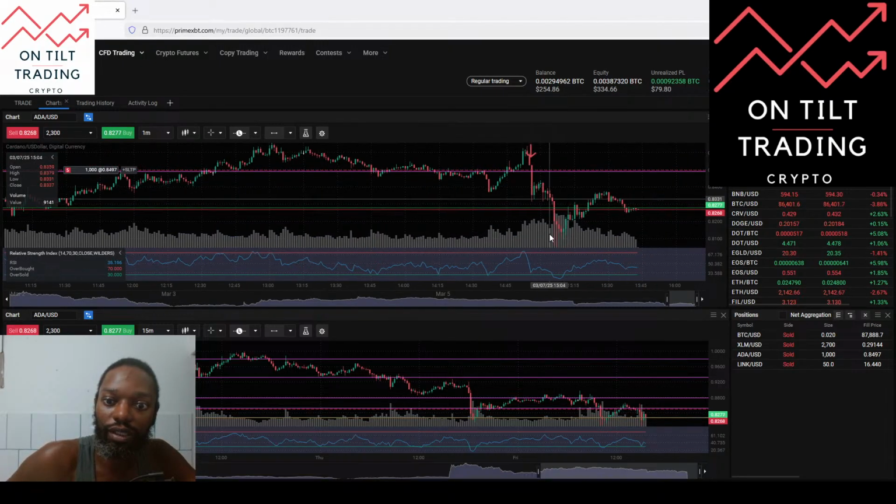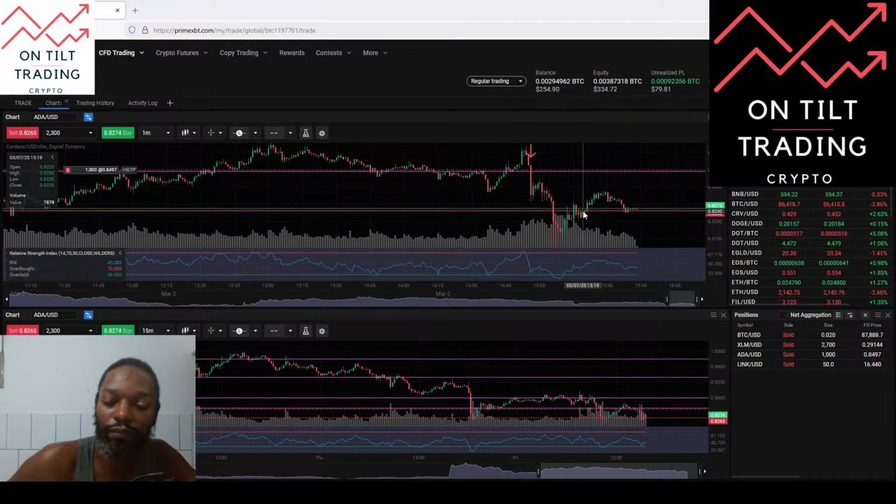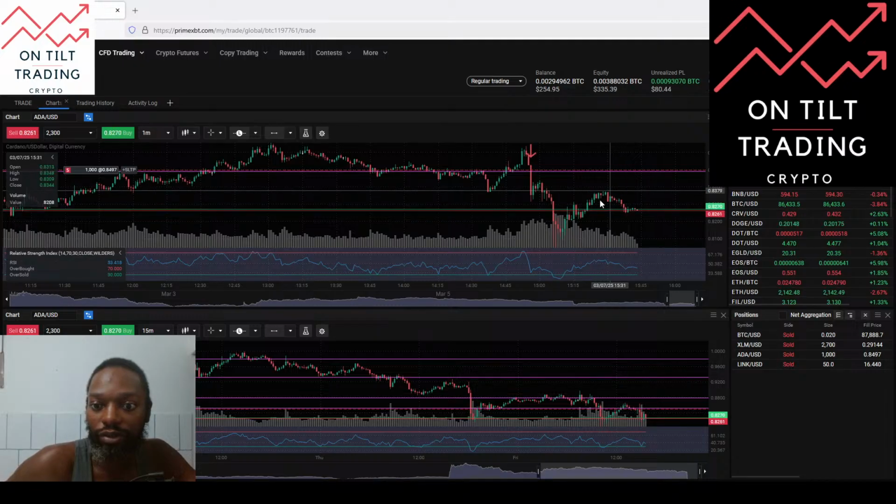Since entry, again, we almost made it to target down here. Ran into heavy resistance here. Buyers were able to push the currency price back into a higher range. Now we did a little consolidating in this area. Buyers able to move the price higher. Now sellers seem to have some control, have moved the price back lower.